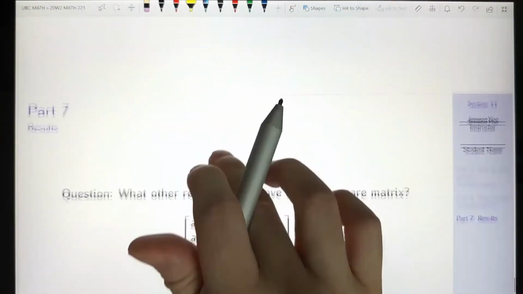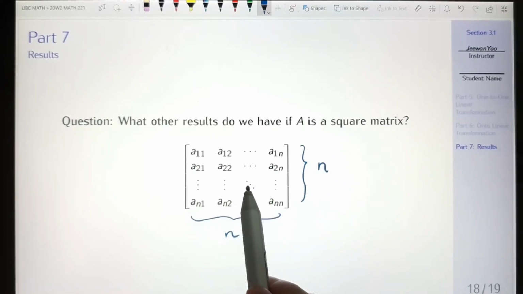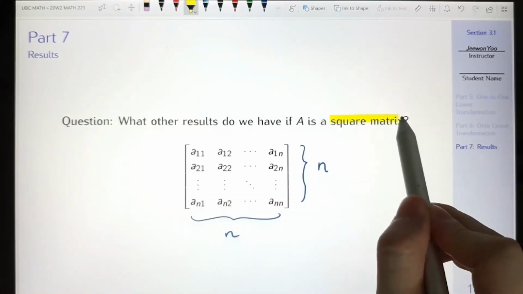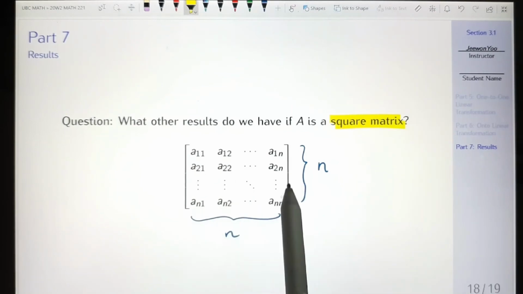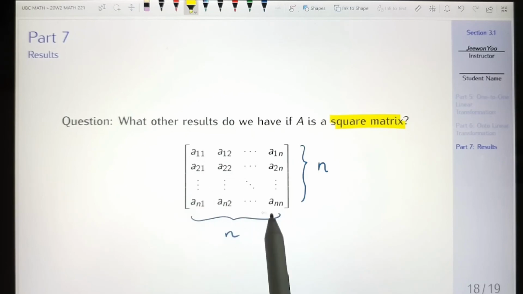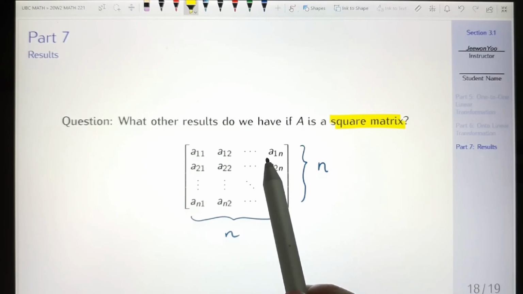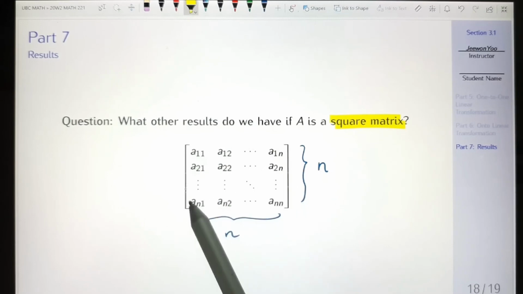The next question is, what is our 1-to-1 and onto condition for a matrix? Looks like this. This kind of matrix has a special name, which is square matrix. You're gonna love this kind of square matrix with the pivot in every column and every row in the next few weeks. So I think it is a good idea to talk about 1-to-1 and onto conditions for square matrix.